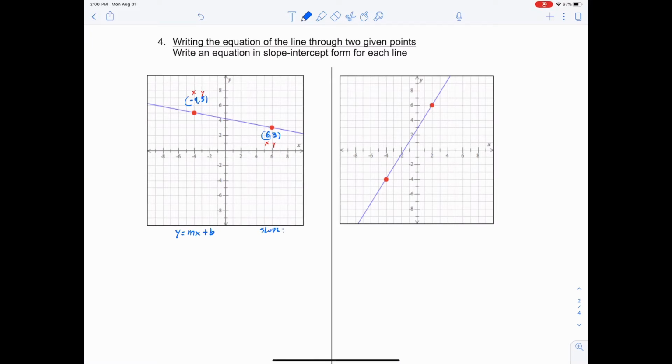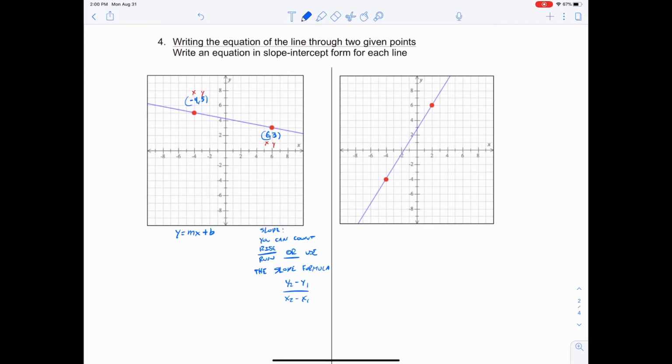You can count the rise over run, or use the slope formula. And that is y2 minus y1 over x2 minus x1. You choose whatever is easy for you. Some methods will work better than others.